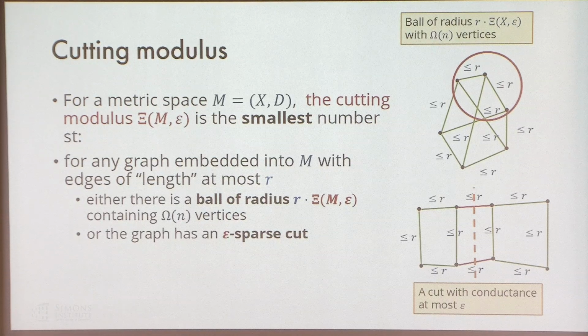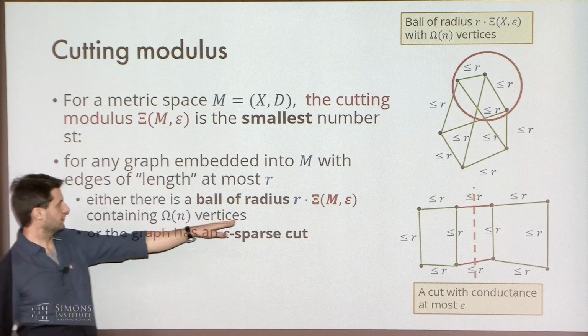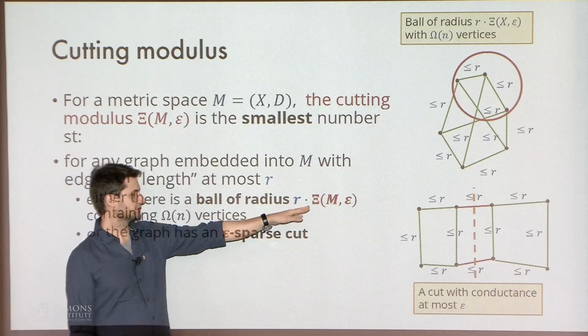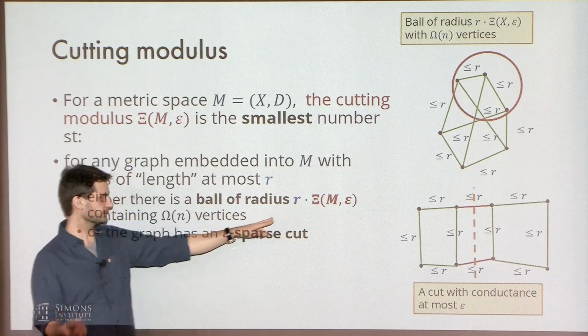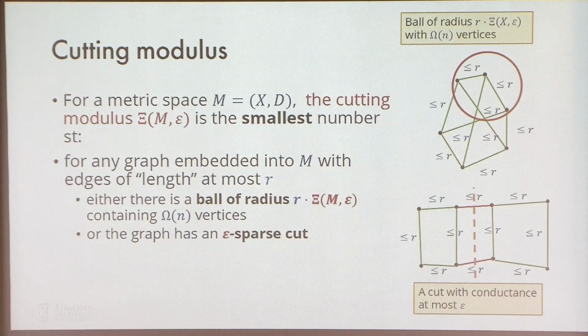Yeah, because it doesn't have epsilon sparse cuts. This means that there exists a ball of radius which is just a little bit more than the length of the edges that captures a big fraction of the vertices. This means that most of the distances collapse. Okay, is this definition clear? This is the most important slide we talked about.